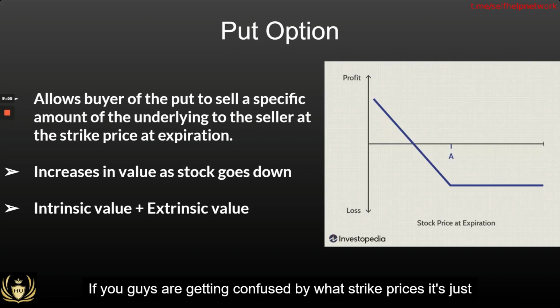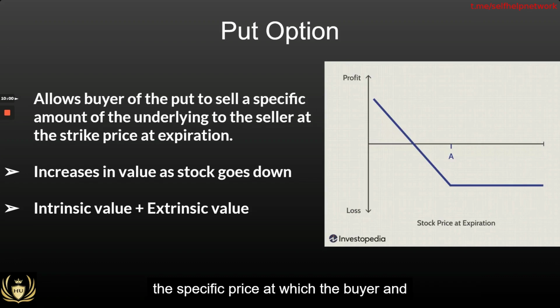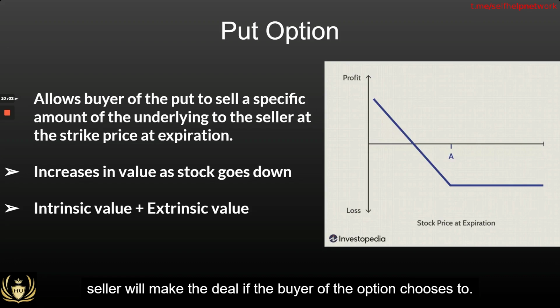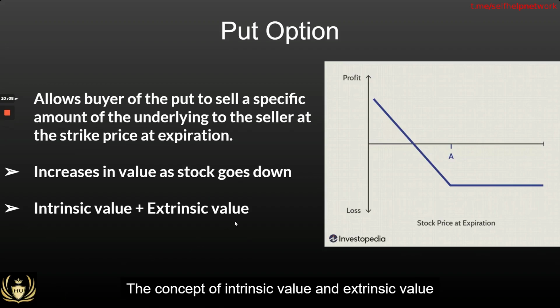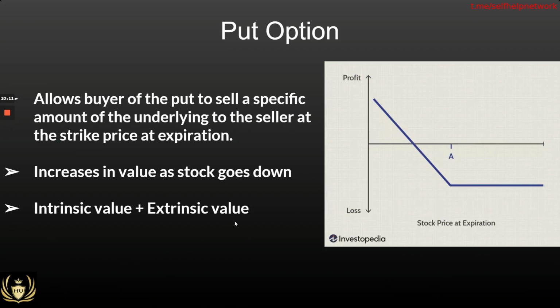If you guys are getting confused by what strike price is, it's just the specific price at which the buyer and seller will make the deal if the buyer of the option chooses to. The concept of intrinsic value and extrinsic value are the same for the put option.